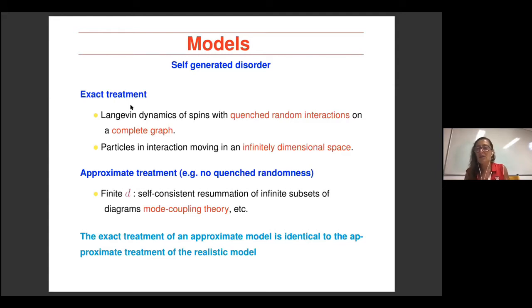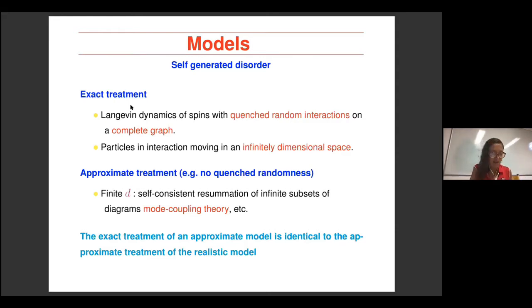And these are the kind of approximations which are like self-consistent resummation of graphs in some perturbation theory that you can set up, or they also go under the name of mode coupling theory in the context of glassy systems. There are different ways of naming these approximations, but the procedure is slightly different.